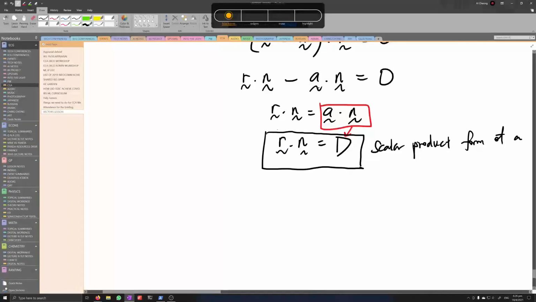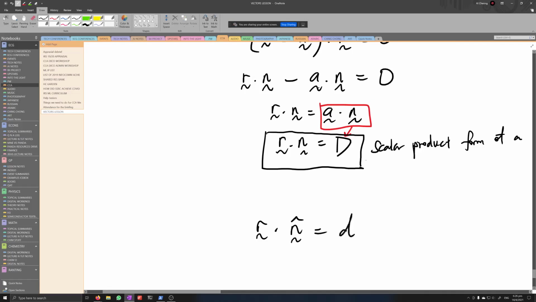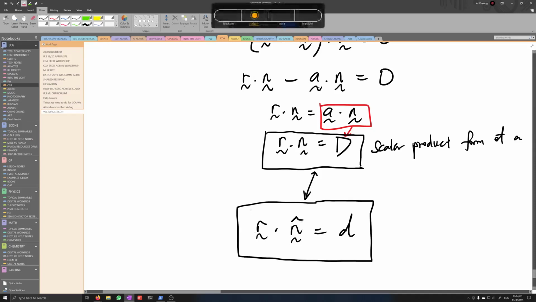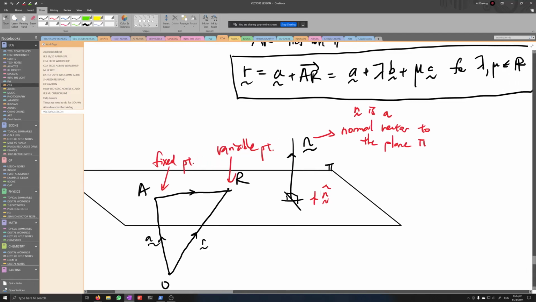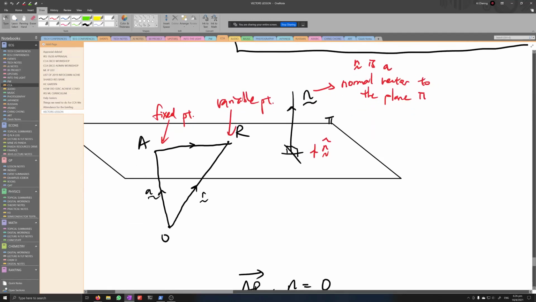Now, if I were to take this one step further by defining this, you realize it's very similar to the top equation. The only difference is that now we are using n hat. That means that we are defining the normal vector as a unit vector. So all we want is a unit vector of magnitude 1 in the direction of the normal of the plane. And we repeat the same process.